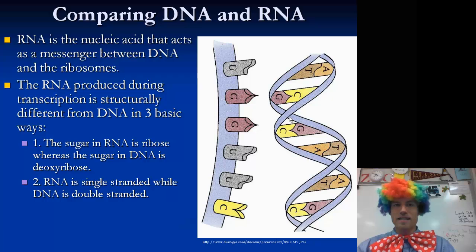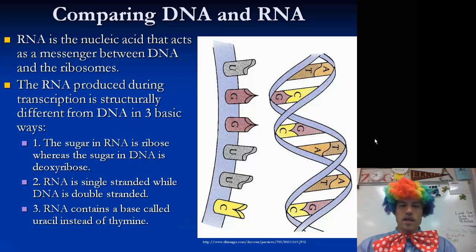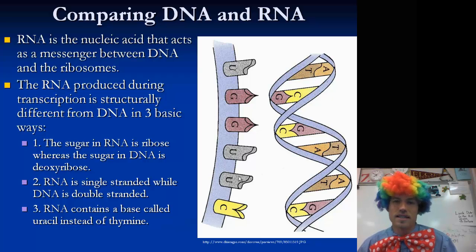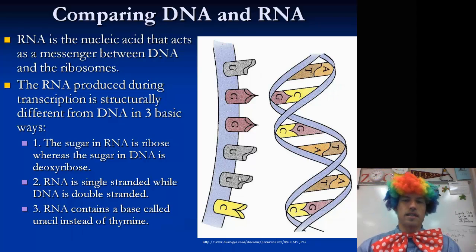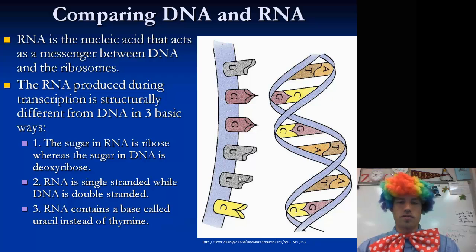Number two, RNA is single-stranded, whereas DNA is double-stranded. We can see that here. Here's the double-stranded. And the final thing is that RNA contains a base called uracil instead of thymine. So uracil is going to replace thymine. It's still going to bond with A. It just takes the place of it, and that's one of the three major ways that they are different.